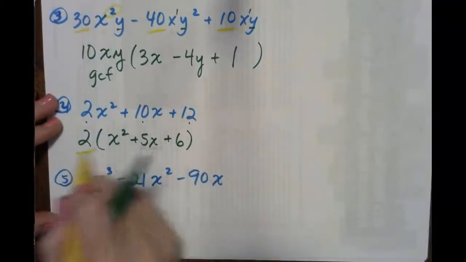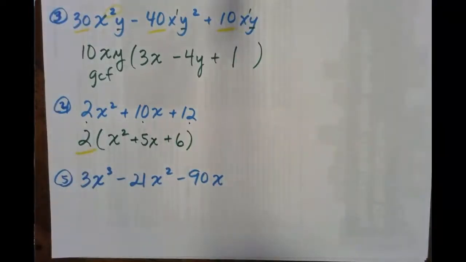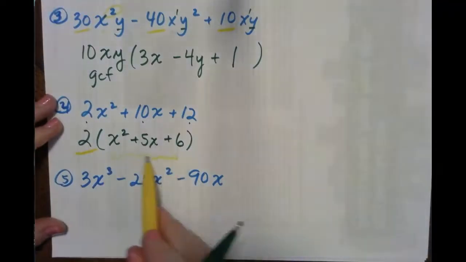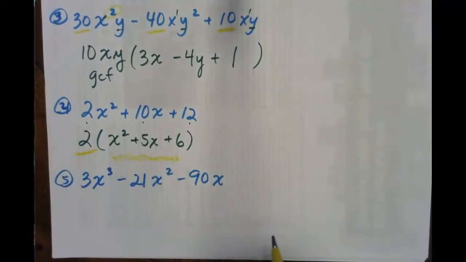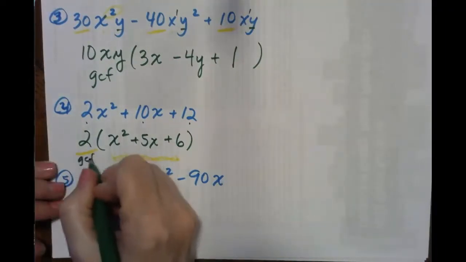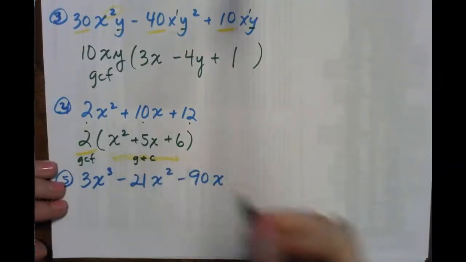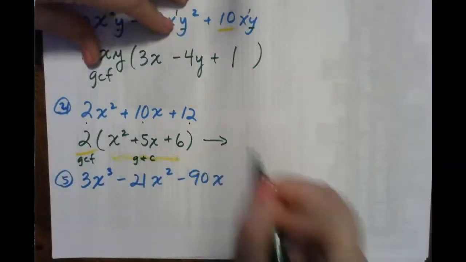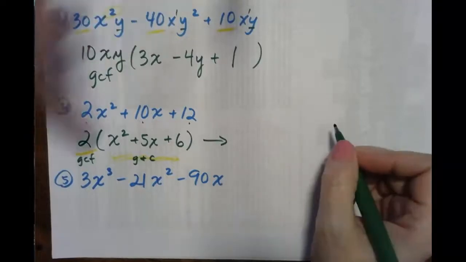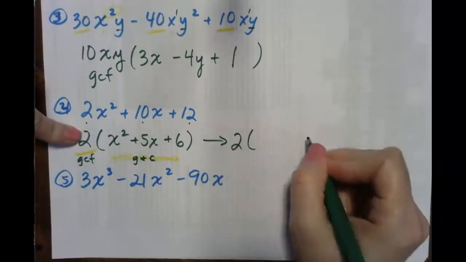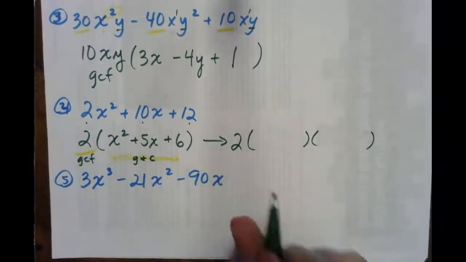So first we took out a GCF. And now we have a trinomial, and we can guess and check and also factor the trinomial. So we're first taking out the GCF, and then we are going to guess and check on the trinomial. So 2 different types of factoring necessary here. Bring the 2 over, it's still part of the answer.